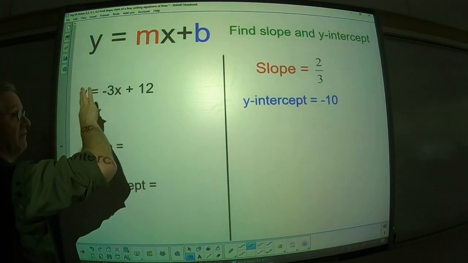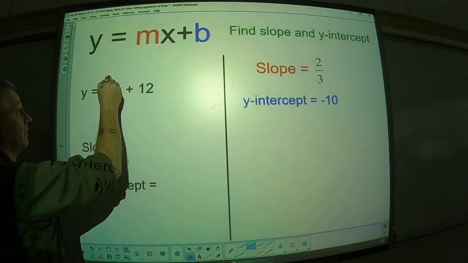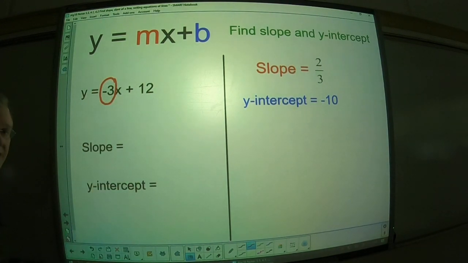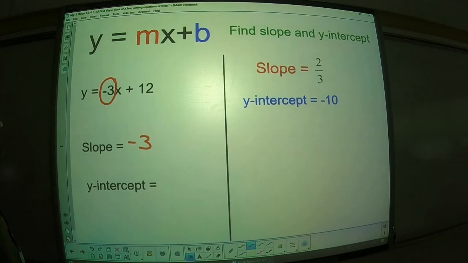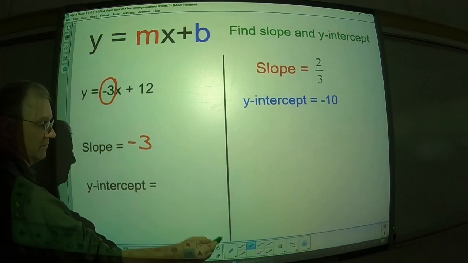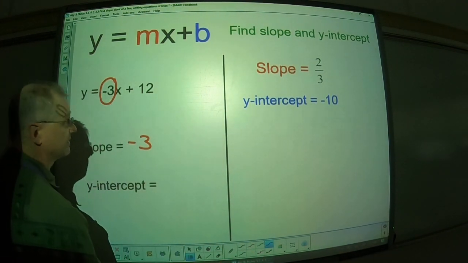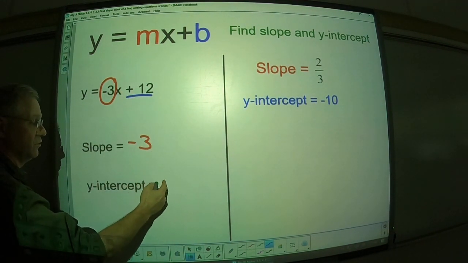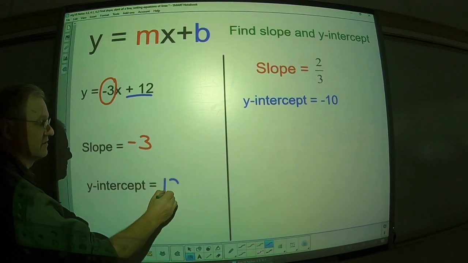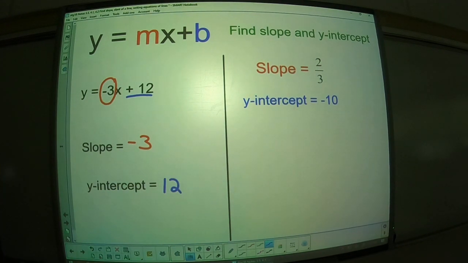If y is by itself and everything else is on the other side, the coefficient of the x term is your slope. The value being added or subtracted from that is going to be your y-intercept, so positive 12 in this case.